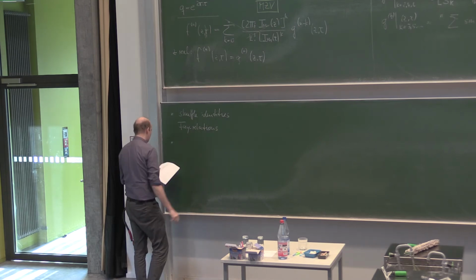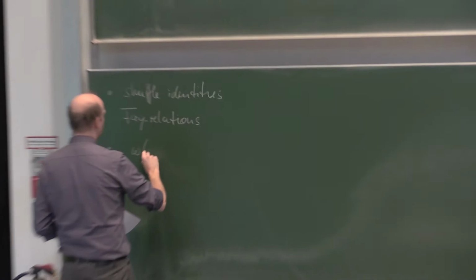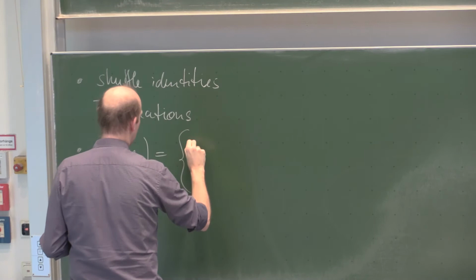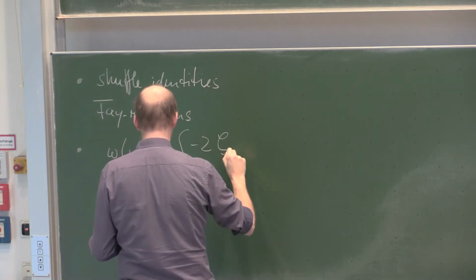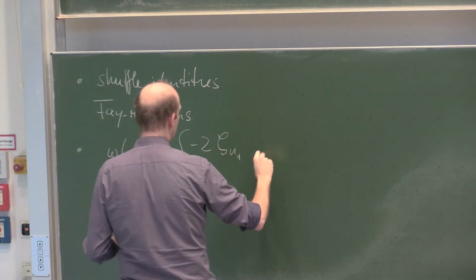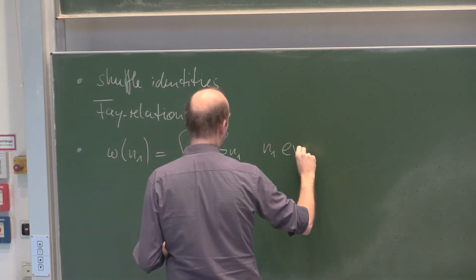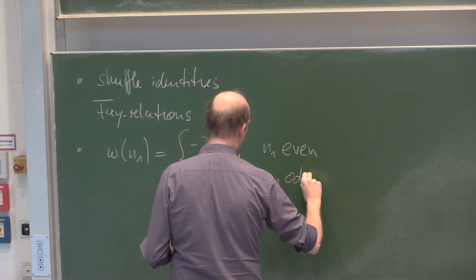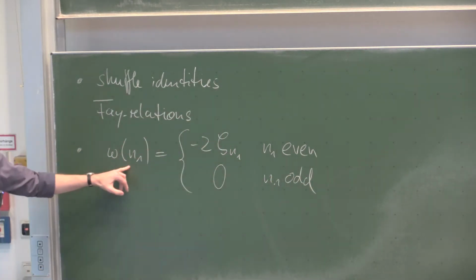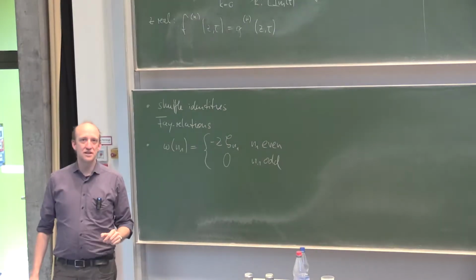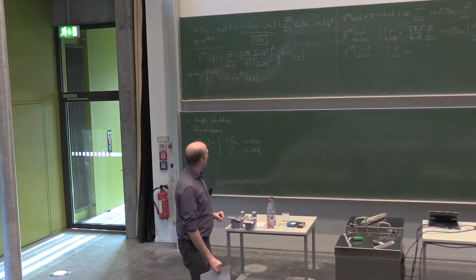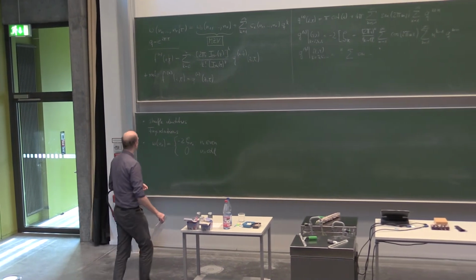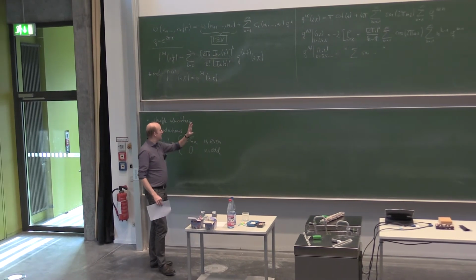So the first thing you can note is that omega of n1 is minus 2 zeta n1 if n1 is even, and it's 0 if n1 is odd. So if you look at the symmetries of these functions g, depending on whether you look at the odd or even g, they are odd or even functions, or they have odd and even parts.